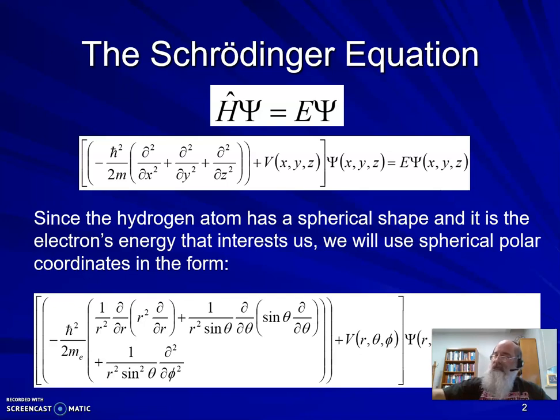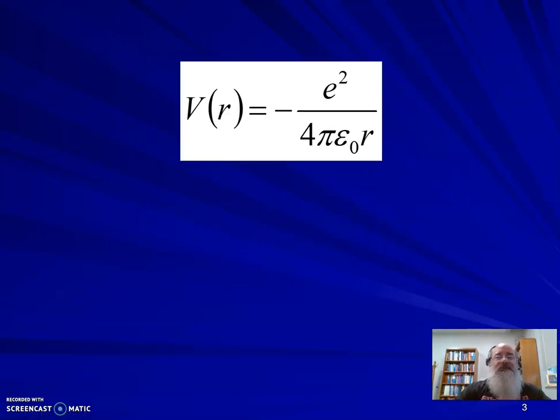Now the other thing that we need to think about is what this potential energy operator looks like. And so on the next slide we'll show that. The potential energy associated with electronic attraction between a proton and an electron is e squared, where e in this case is the charge on an electron, not the inverse natural log function, over 4 times pi times the permittivity of free space.